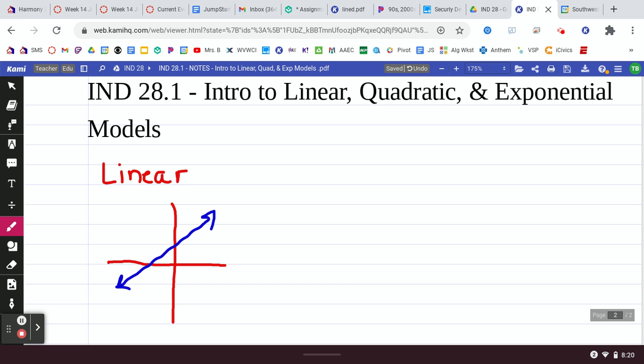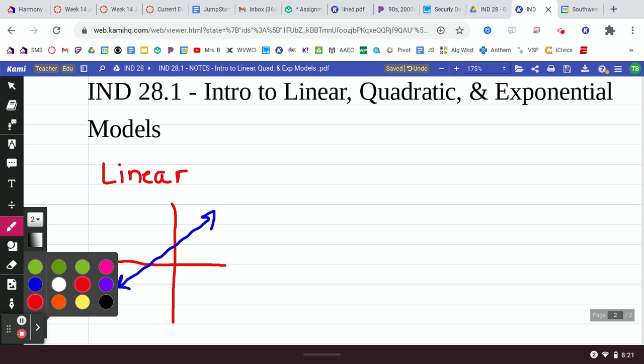Okay, that's linear. And we've already talked about the way you get a straight line is because of that slope, that constant change, right? Once you have a slope of rise over run, you could put a bazillion points on this line, and they're always going to fall on the line because of that slope. Okay. The next one is quadratic.